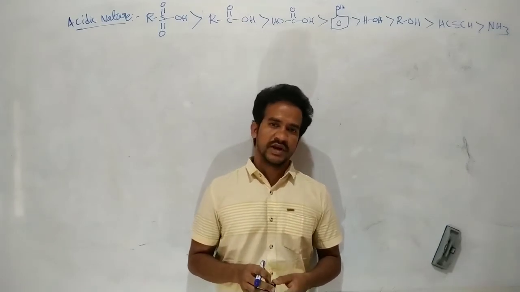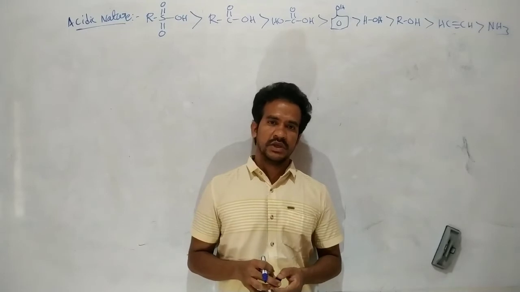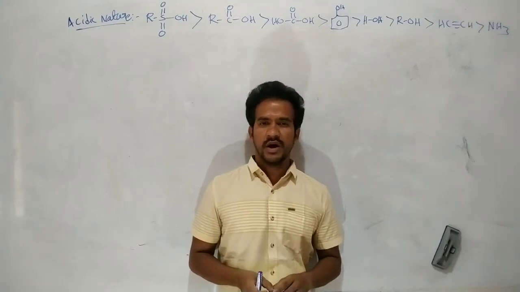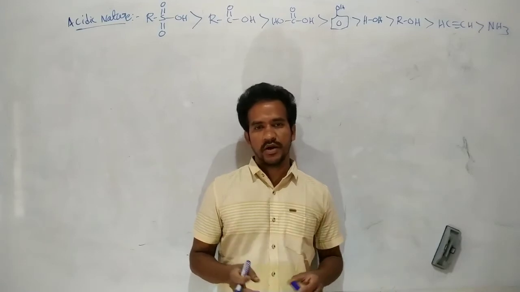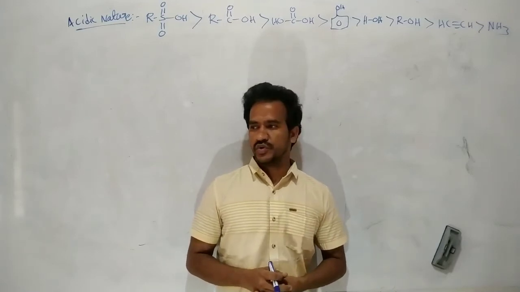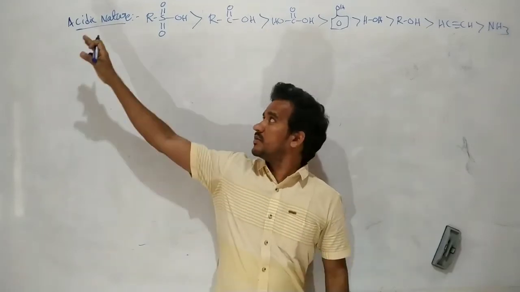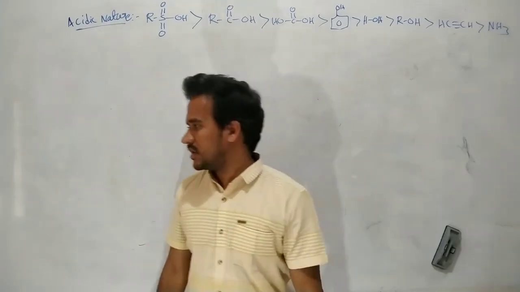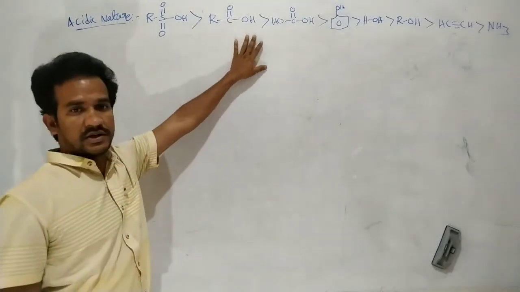Organic compounds are acting as acids here, reacting with sodium, sodium hydride, sodium hydroxide, sodium amide and aqueous sodium bicarbonate. First, it is the overall acidic nature of organic compounds.